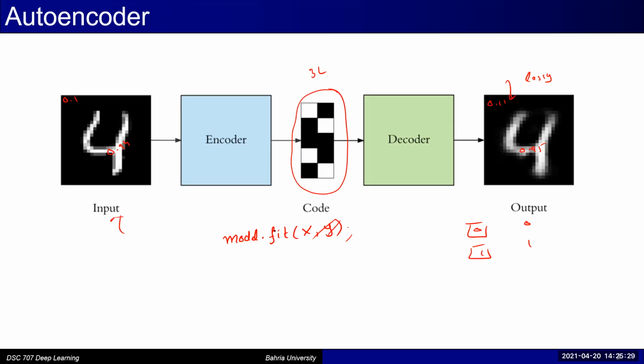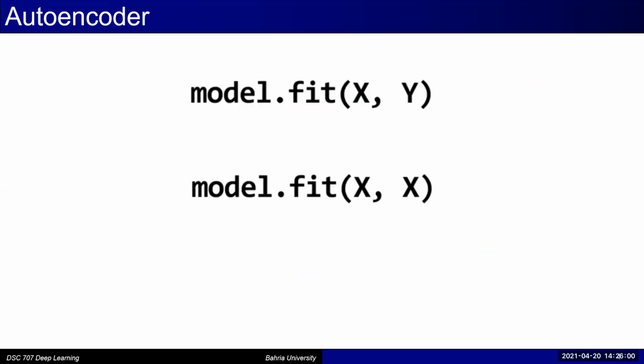So now you can guess that when we are training a model, this is our input, model.fit x. But what is the output? What are we expecting at the last layer? We are expecting the same thing. So this is a key concept: when you call the model.fit function, which actually implements backpropagation, unlike supervised learning where you used model.fit x comma y, you have model.fit x comma x.